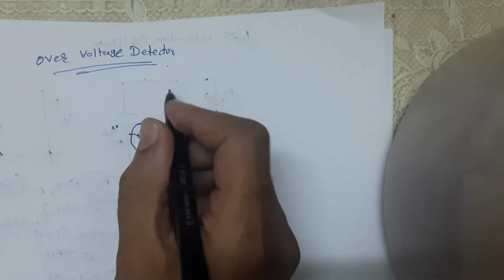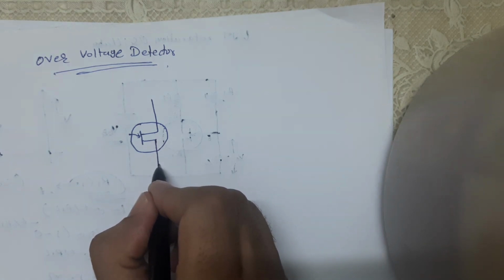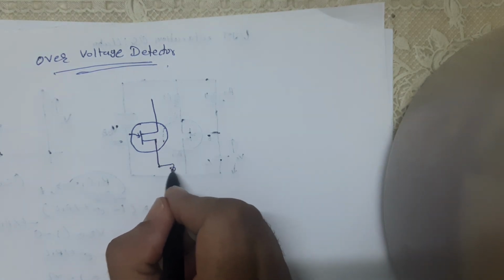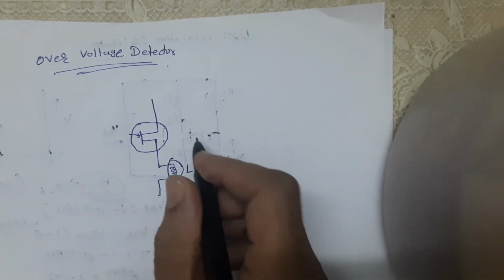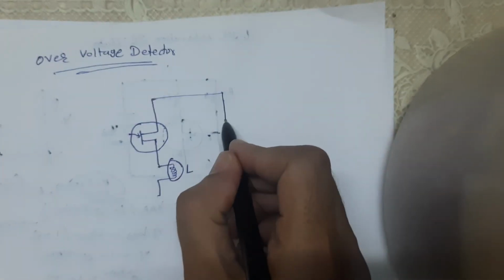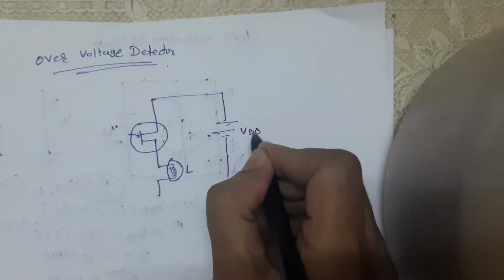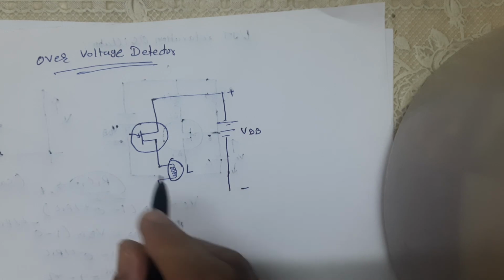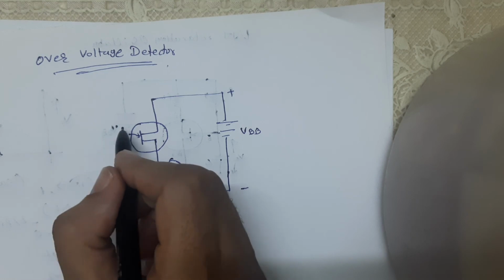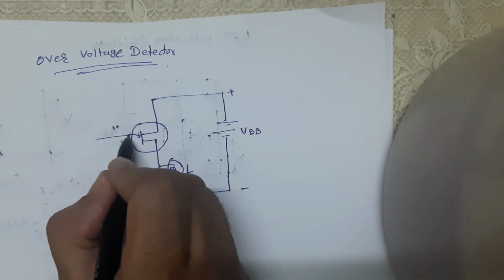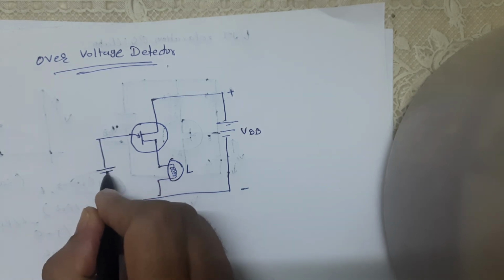This is your emitter, base 2. This is your base 1. At base 1 there is a lamp. This is your L. Here there is a VBB, plus, minus, and then one more capacitor is connected between emitter and base 1.